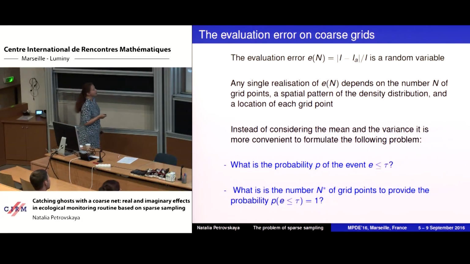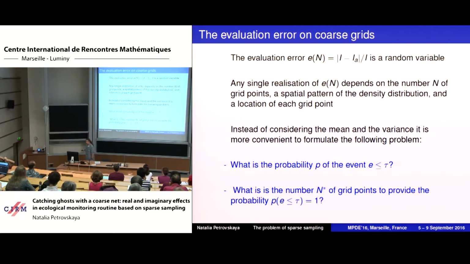We have discussed it. Then let us ask ourselves: we have to deal with this random variable, but do we really need the mean and the variance, all that information? Actually the answer is no, because what we want to see is that our error is less than or equal to a specified tolerance.